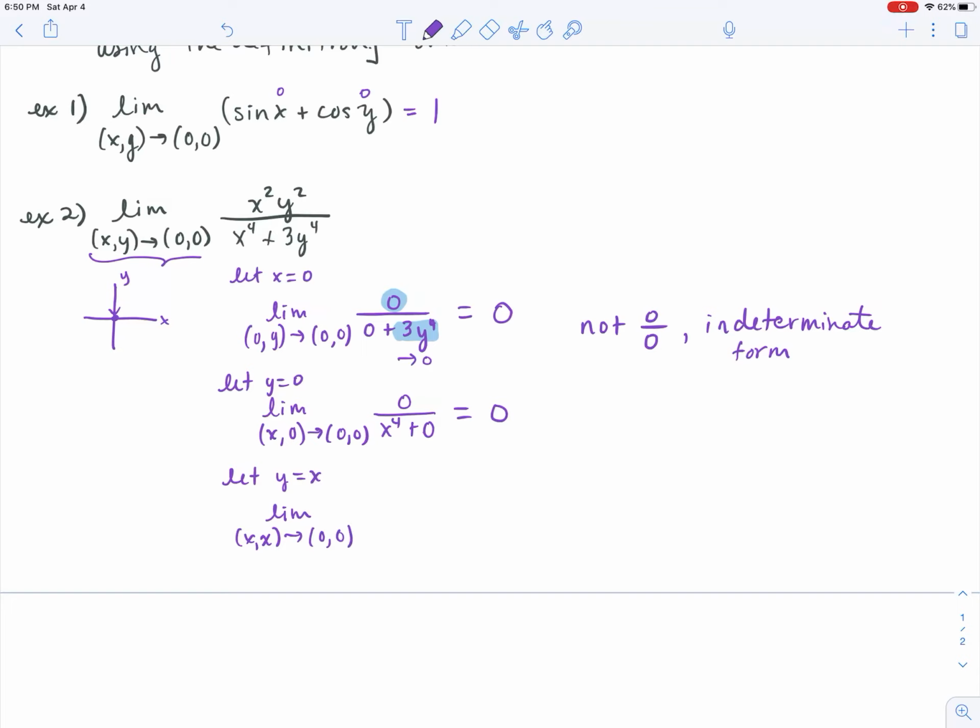And if we replace y with x, then we're going to have x to the fourth in the numerator, because we have x squared times x squared. Then we have x to the fourth plus 3 times x to the fourth. So that is going to be over 4x to the fourth. And that limit is 1/4.